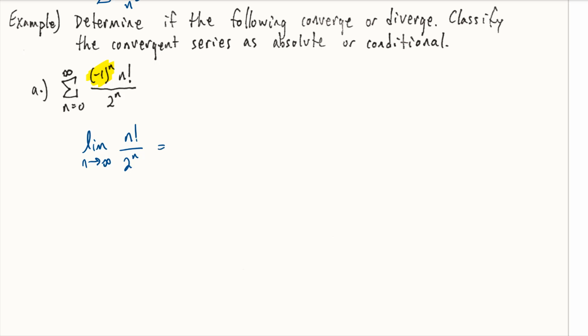Yes, this is infinity over infinity, and we could apply L'Hopital's rule, but we don't know the derivative of n factorial. That's not something we've studied. I don't think it takes a complex analytical argument to convince somebody that n factorial grows very quickly. And yes, 2 to the n also grows quickly, but man, n factorial grows a lot larger.